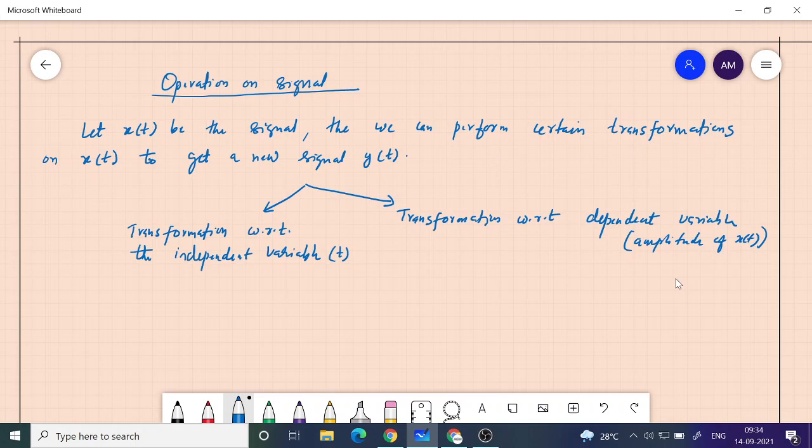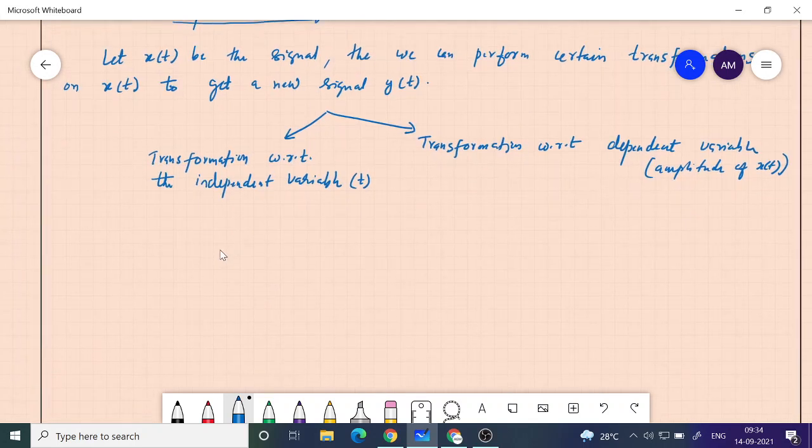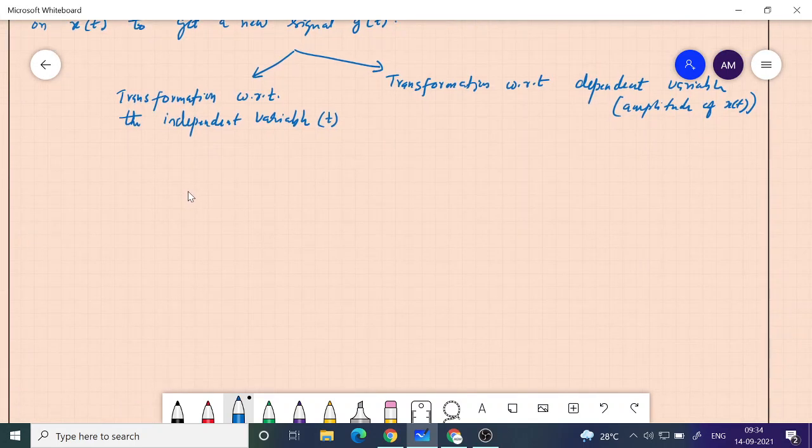So that is basically the dependent variable. So we are looking at two kinds of transformation, and let us go one by one. This I will call number 1, and this is number 2.